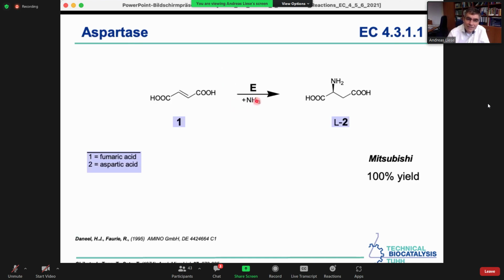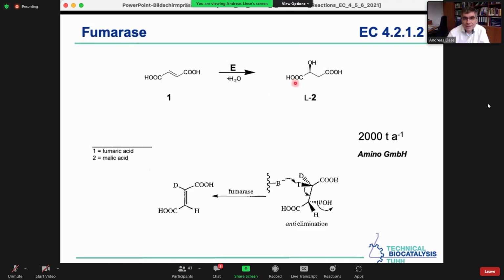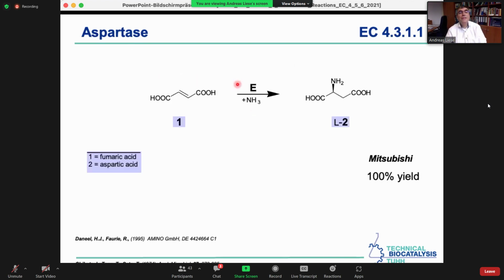And if you're adding ammonia instead of water, then we're producing not like here the hydroxy acid, which is malic acid, starting from fumaric acid, therefore fumarase, fumaric acid. Here we are producing as a product aspartic acid, namely the amino compound. So we're adding the amine to the double bond, and therefore this is named aspartic acid.